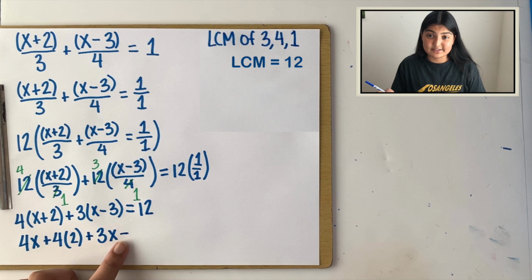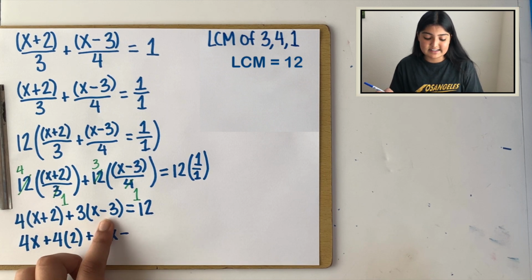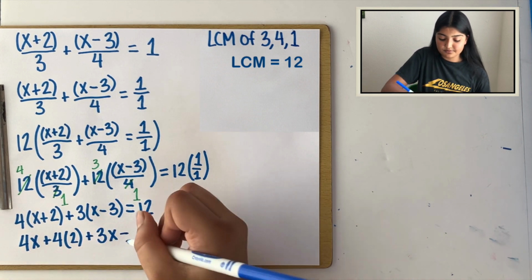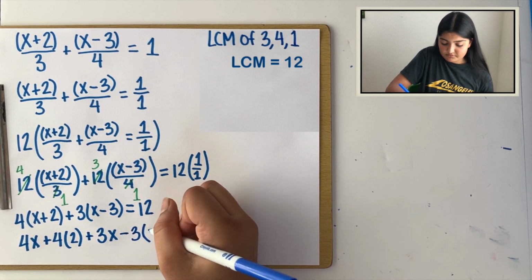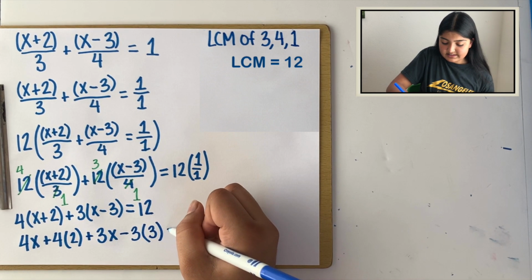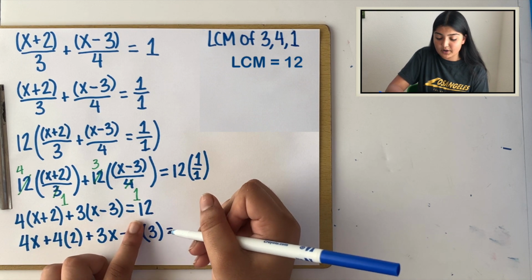And this negative is here because it is negative 3. Is equal to 12.